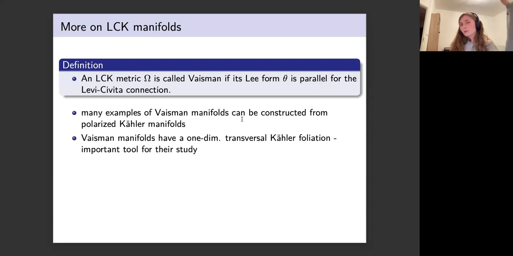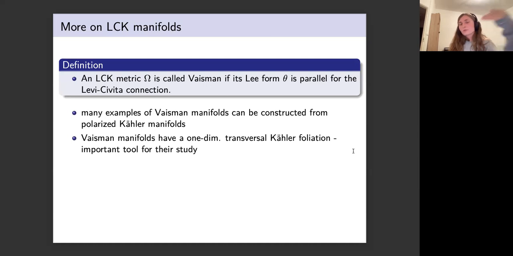So you can use that and do much of the usual Kähler geometry in a transversal way in order to deduce things about your Vaisman manifold. So there is one class for which we know a lot. And then you can also obtain some new examples by deforming this. Usually when you deform a Vaisman manifold, you are not necessarily Vaisman, but you are LCK.